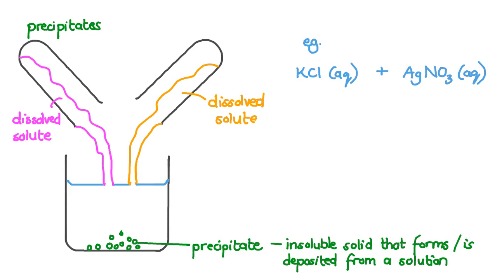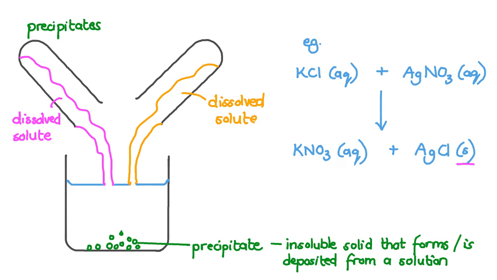An example of this is when aqueous solutions of potassium chloride, KCl, and silver nitrate, AgNO3, react. One of the products is aqueous, KNO3 potassium nitrate, and one of the products is not aqueous but an insoluble solid precipitate, in this case AgCl or silver chloride.